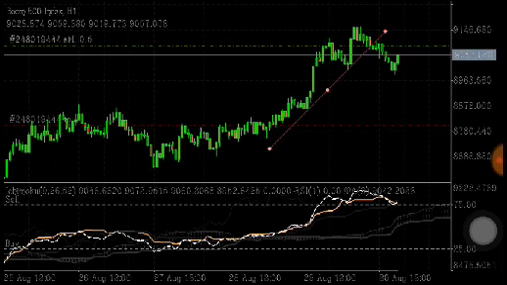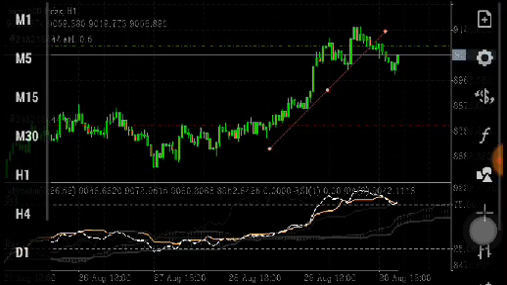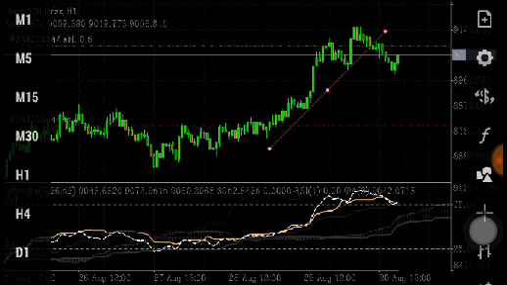The major thing I'm normally supposed to look out for is this moving average. The white line is the exponential moving average of period 3.